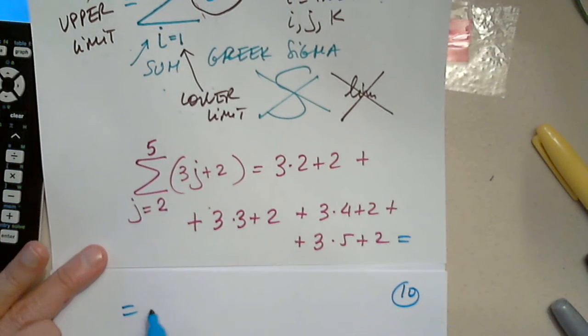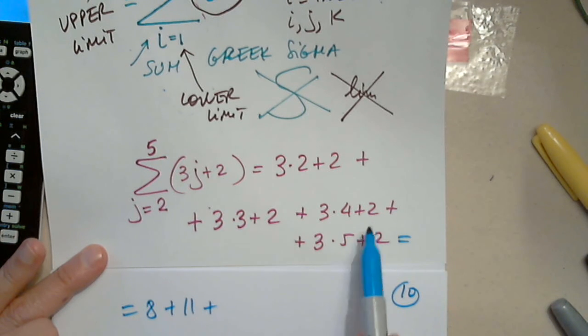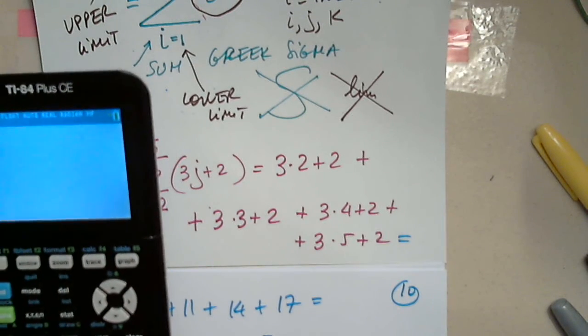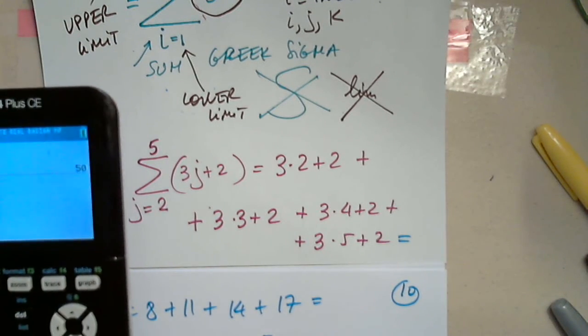So let's see what we get. So this is 6 plus 2, 8, plus 9 plus 2, 11, plus 12 plus 2, 14, plus 15 plus 2, 17. So this is 22, and this is 28. So I have 50. So when I press enter, I should get 50.